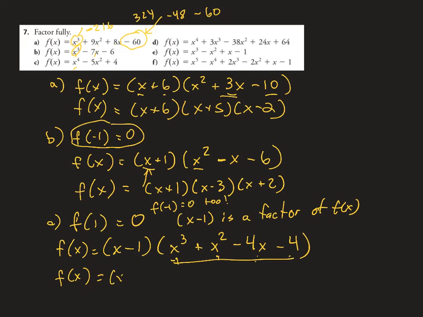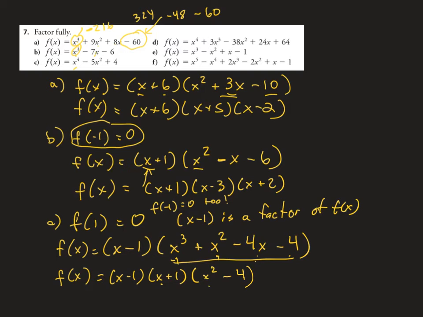So we know that x minus 1 is a factor and x plus 1 is a factor. And the remainder is going to be x squared. That's going to give me an x cubed plus x squared. I could put plus 0x, but I'm not going to. Minus 4, and let's just double check.